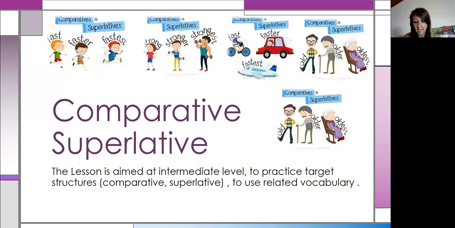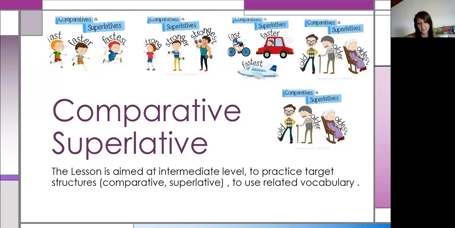If you make mistakes when you describe or especially when you compare people, places, and things, this lesson will be helpful. I'll explain exactly what it means and how we use it, okay?